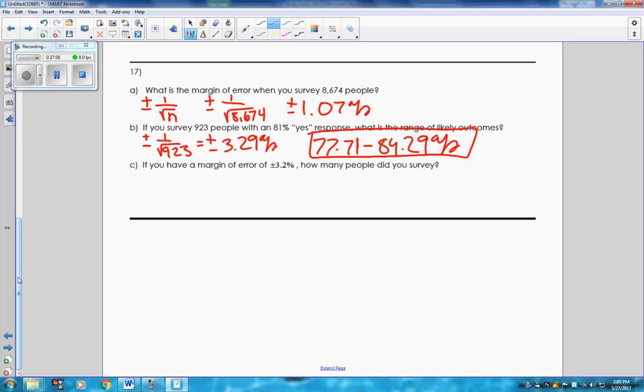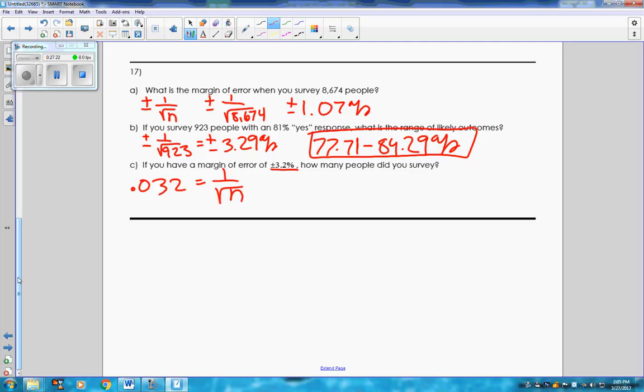Now, if you have a margin of error of 3.2%, how many people did you survey? So that means you're going to plug in 3.2%, change it to a decimal to have 0.032 equals 1 divided by the square root of n. Remember, we are solving for n.